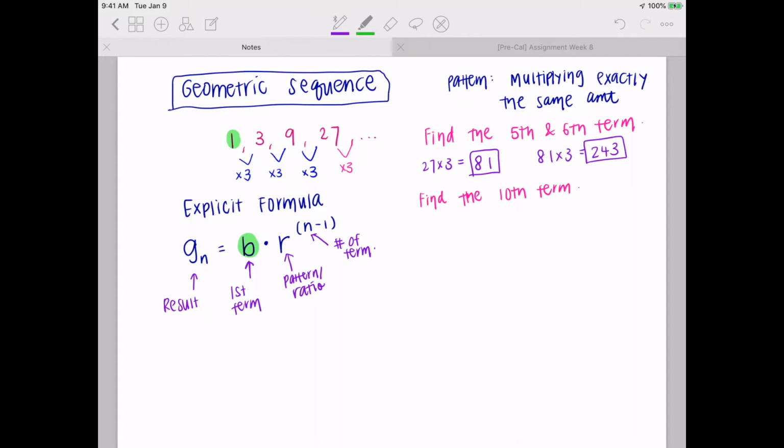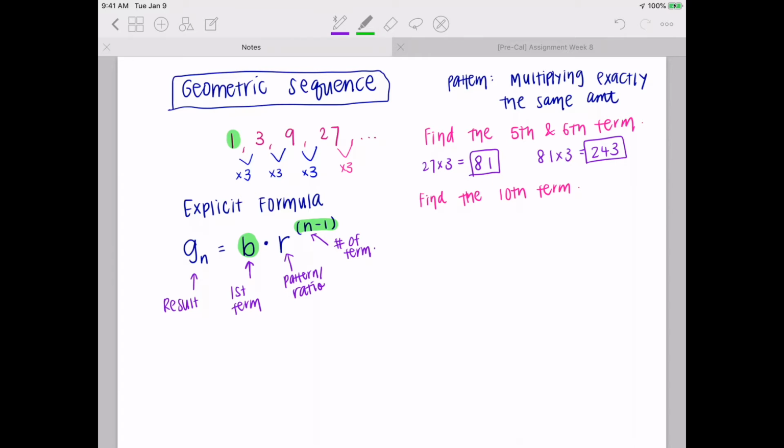And then the next number, I would have to multiply by 3. And then up here, it will start making a 1 because it's 2 minus 1. Does that make sense? Because it's the second number that we're going to be figuring out. So 2 minus 1 will be 1. And then that's how you can multiply your b and r together.